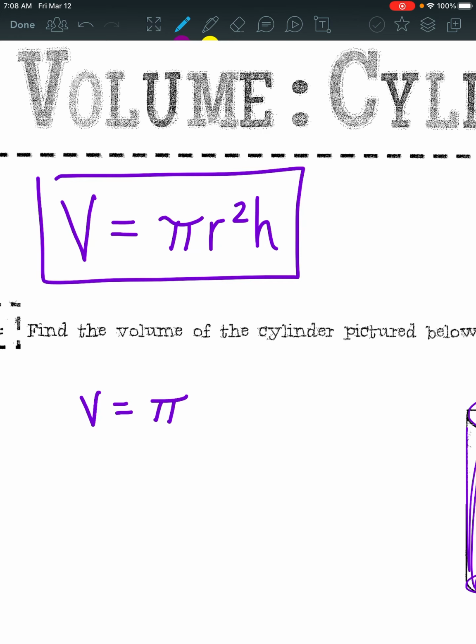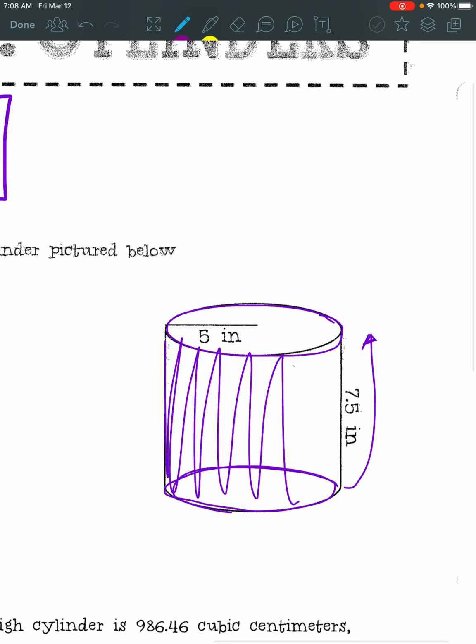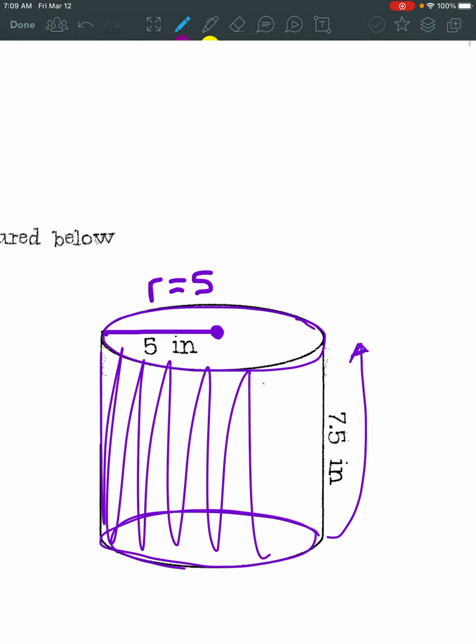So I always start with write down the formula and then let's replace the variables that we know. So in our shape over here that we are given, we have in the circle from the center to the outside. So remember that half of the circle, that is our radius. Now if we're ever given the diameter, remember we have to cut that in half.